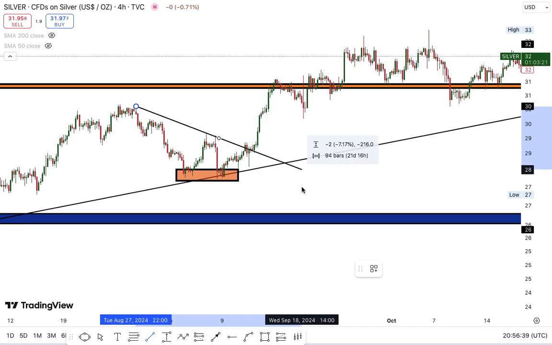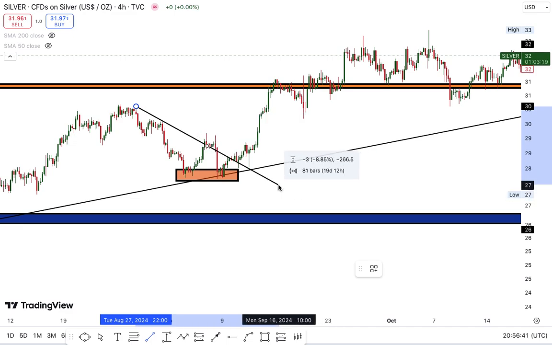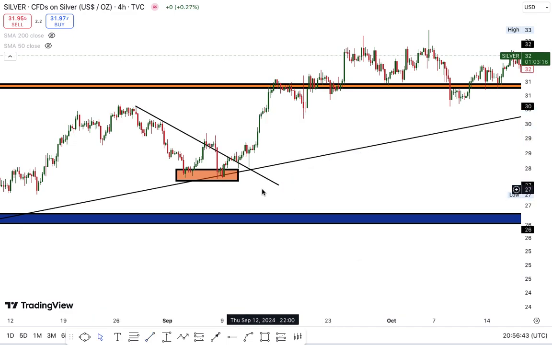If you had drawn it like this, you would have gotten smoked, because entries are here, then stops are somewhere below here. That's large, for silver especially, because the pip count on silver is huge. So allow the market to do everything it wants to do.